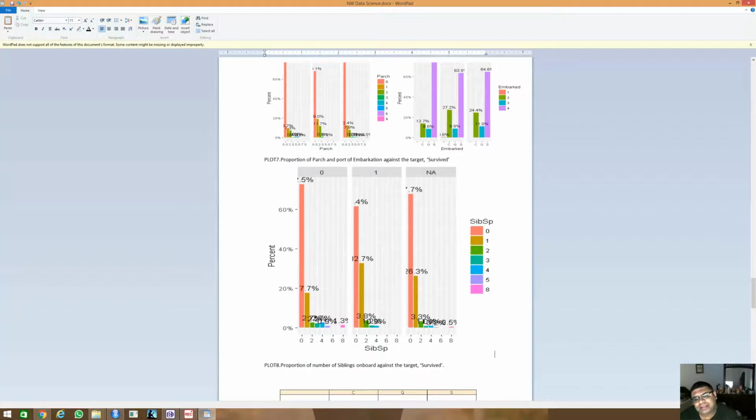If you look at the sibling-spouse relationships aboard chart on survivability, if you had no siblings or no spouses, again, just like we saw in the parent-child relationships, the survivability decreased. Certainly, family should decrease the survivability.